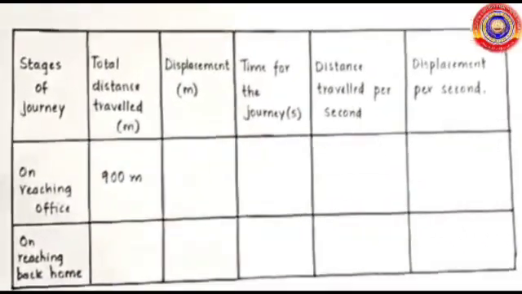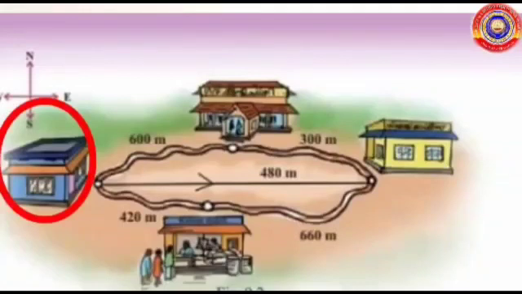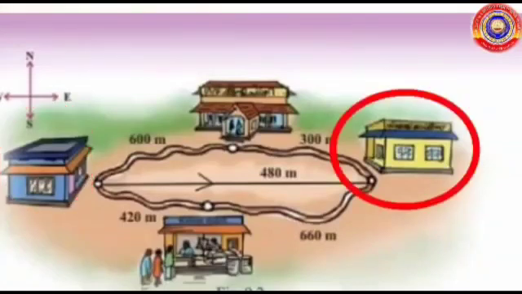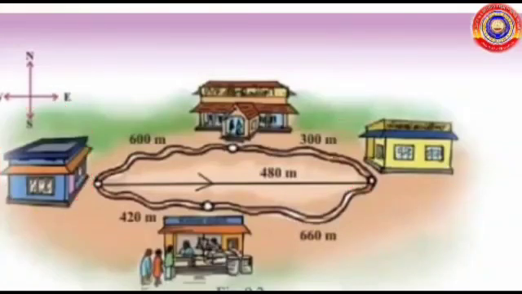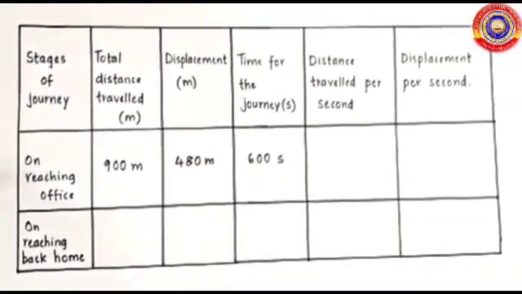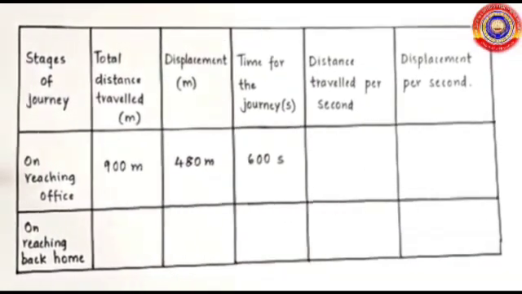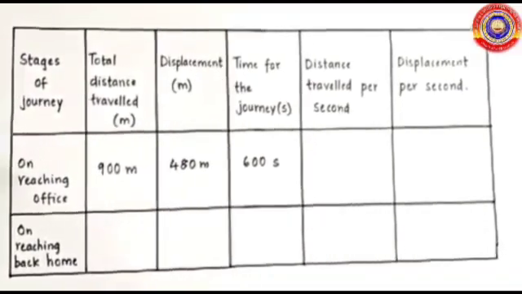Let's see the displacement. The initial point is home, the final point is office. The shortest straight line distance between home and office is 480 meter. The time for the journey is 600 seconds. To travel 900 meter, he takes 600 seconds.